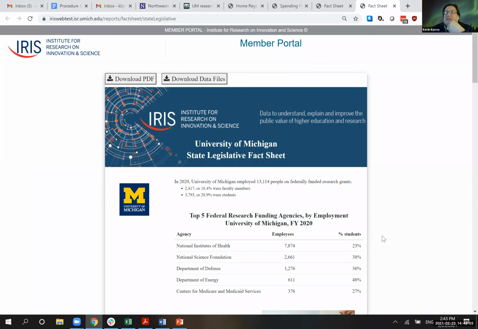One of the tools that we have is called the impact finder, and what it allows you to do is identify a geographic region within whatever state you're interested in, and then drill down and see the kinds of impact you're making at a local level within that region. And not only the impact, so the spending and the businesses, but you can also learn about the types of research taking place there.